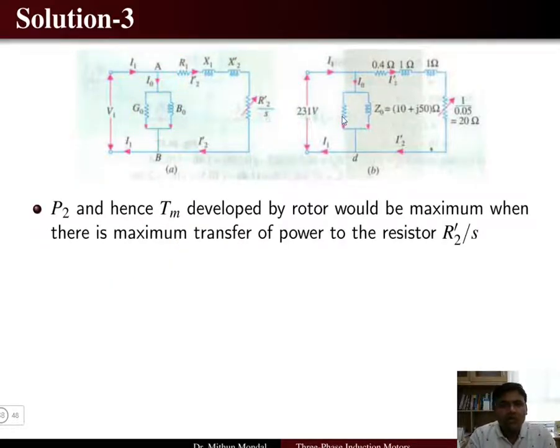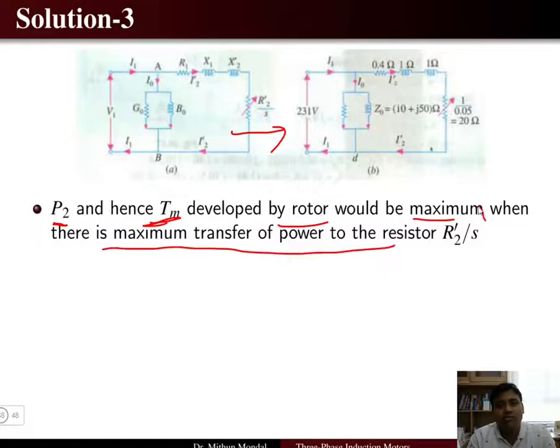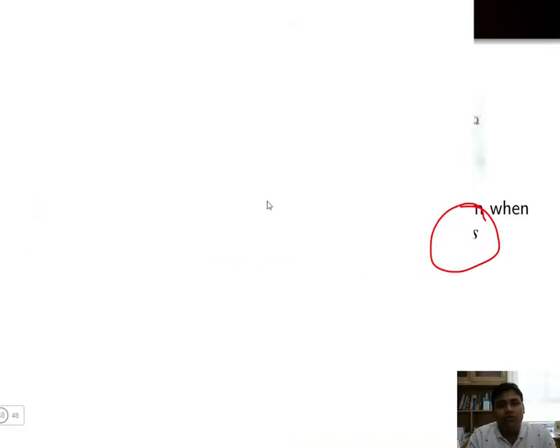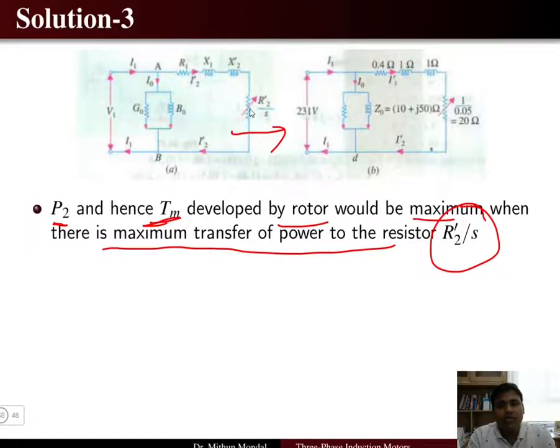If we substitute the values of the parameters here, the air gap power P2 and the gross mechanical power developed by the rotor would be maximum when there is a maximum transfer of power to the resistance R2/S. The power will be maximum when you transfer the maximum power to the load.